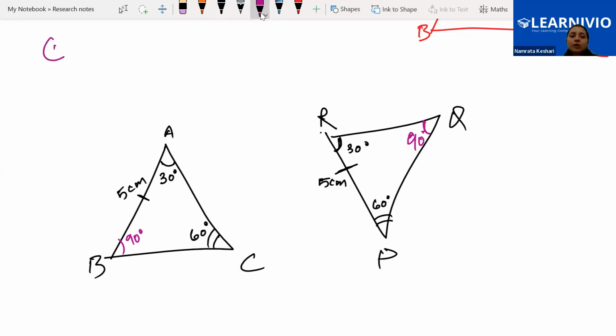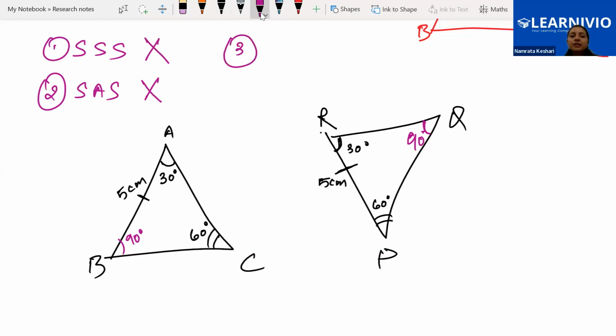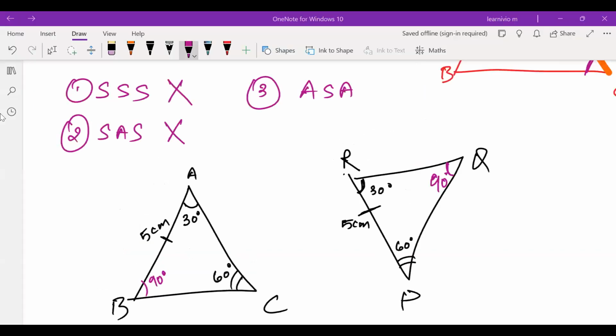Let me write all the criteria. Side, side, side: we will not think about it. Then side, angle, side: two sides are not given, so we will not think about this. Then angle, side, angle criterion is there.